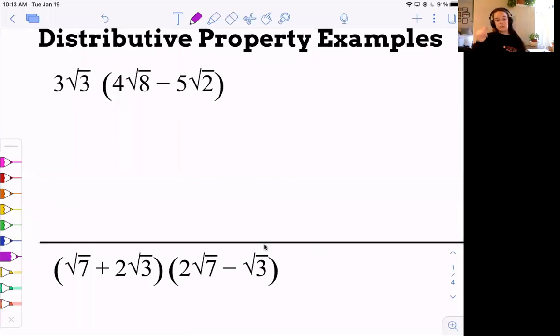Cool. So with distributive property, if we had a number outside, as you know, we're going to distribute into each of these pieces here. So I'm going to take my 3 root 3, multiply times 4 root 8, and then multiply 3 root 3 times 5 root 2.